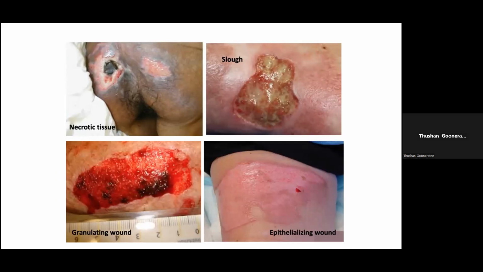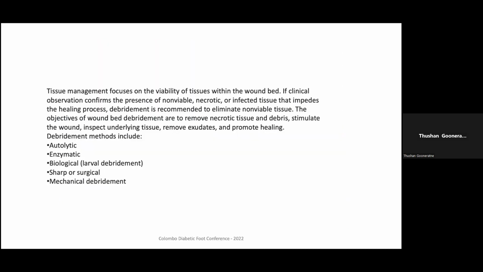So the idea behind management of T, the tissue, is to try and remove all non-viable, necrotic, infected tissue. Those tissues are the ones that impede wound healing. Debridement is about removing those types of tissue so that the wound can become healthy.